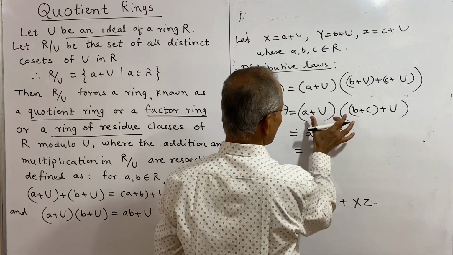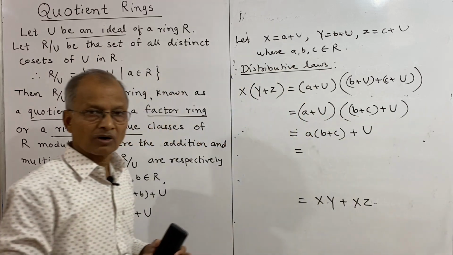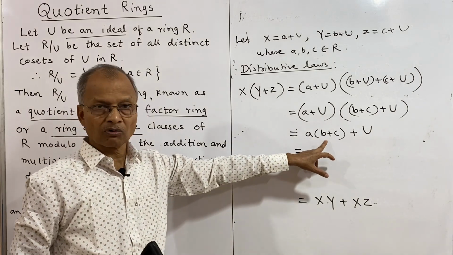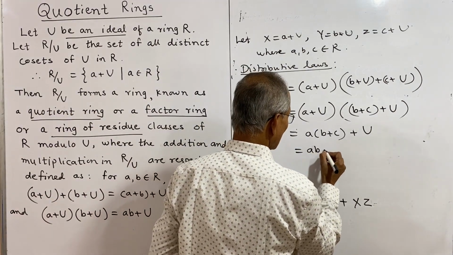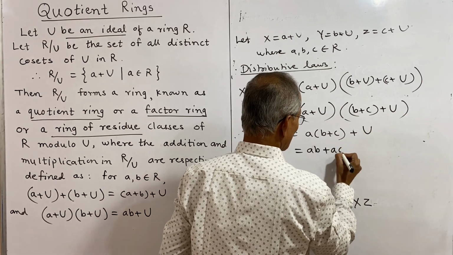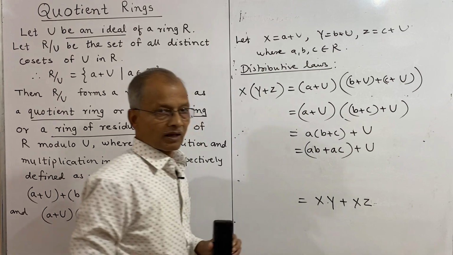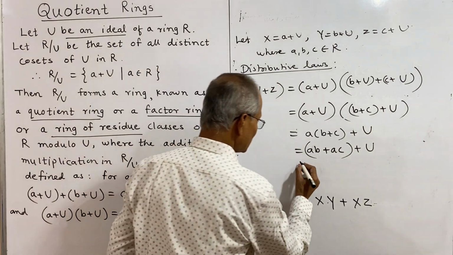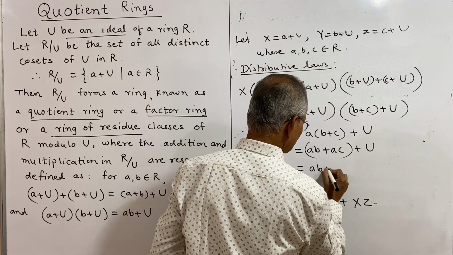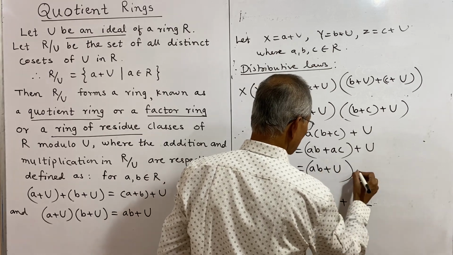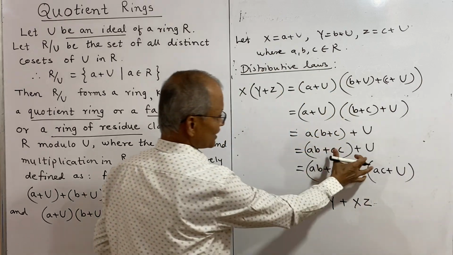Now it is a(b + c) + U, and because the distributive law holds in the ring, this can be written as (ab + ac) + U, and now this is to be written as (ab + U) + (ac + U). These are separated.